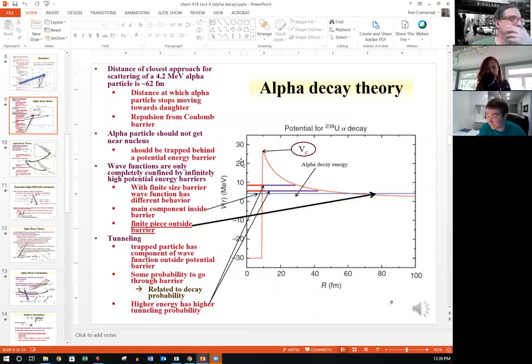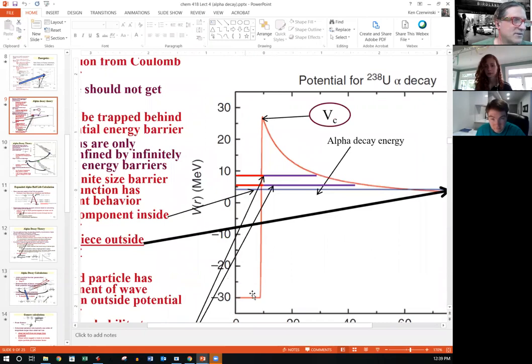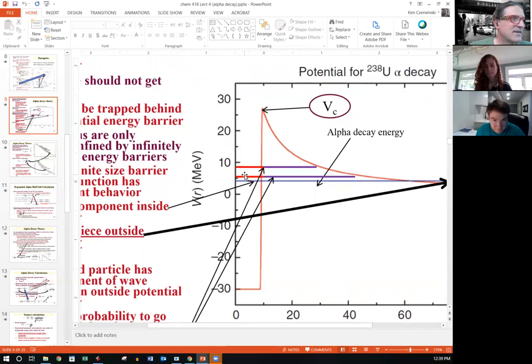Yeah, so I'm not exactly sure what I said, but what I meant is, let's say this is inside the nucleus, right? This is the nuclear potential, and it's filled with nucleons, protons, and neutrons. And an alpha particle is preformed and sits at the high energy of the nucleus. And then it has to tunnel. Here's the barrier.